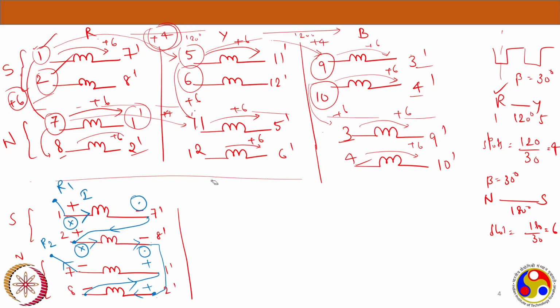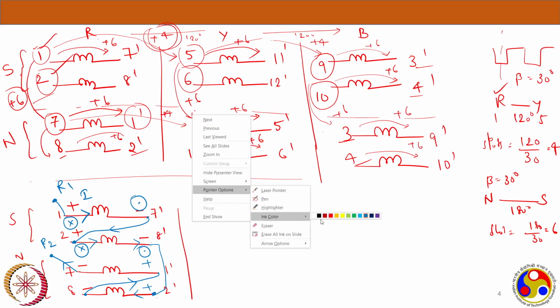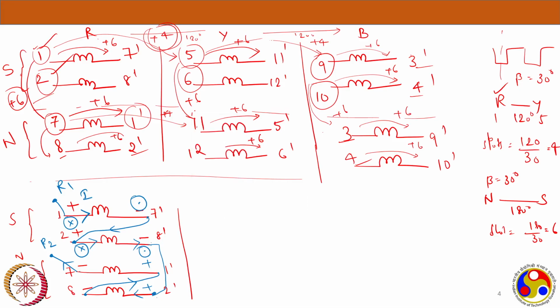You just have to see where the plus and minus are, and connect the windings that way. I'm just drawing the top coil numbers only. I don't want it to be clumsy for you.